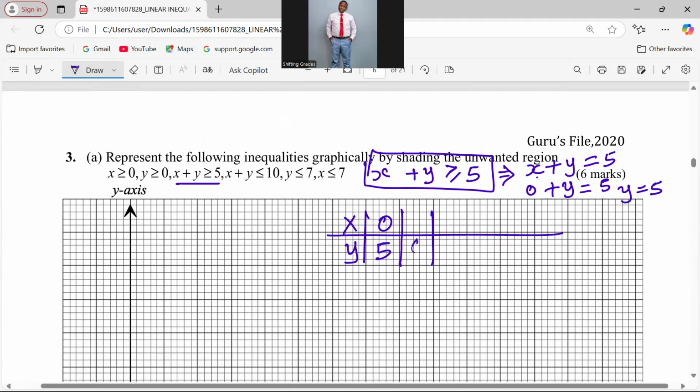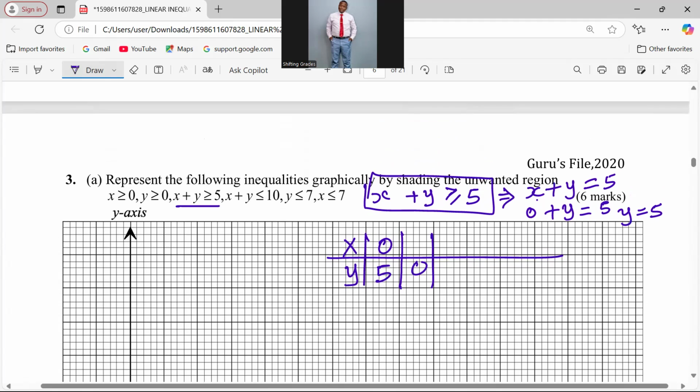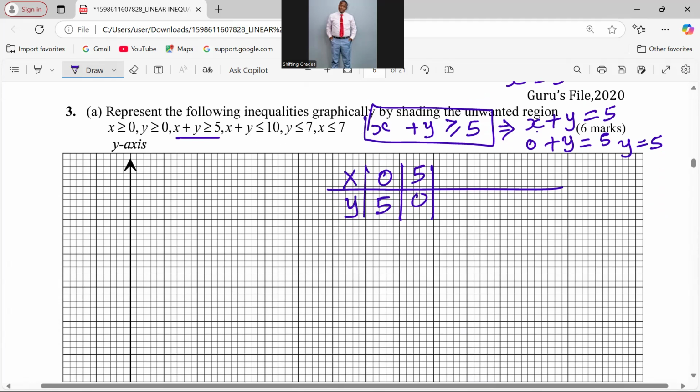Then again, when Y is 0, what will be X? So we go back to the same equation and say X plus Y, which is 0, equals to 5, meaning that the value of X becomes 5. So we have 5, 0 as the coordinates.